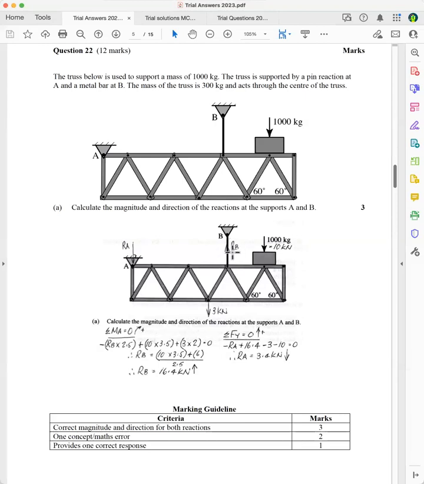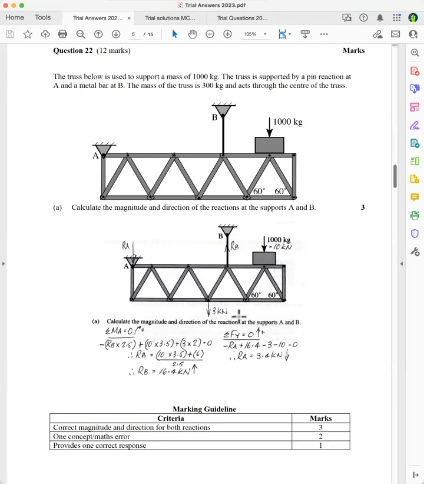It's going up. Okay, so if you've got a positive answer here, because I've said that RB times 2.5 is negative, so that goes anti-clockwise, and I'm just guessing at that. But this answer here, because it's positive, shows that it's correct.